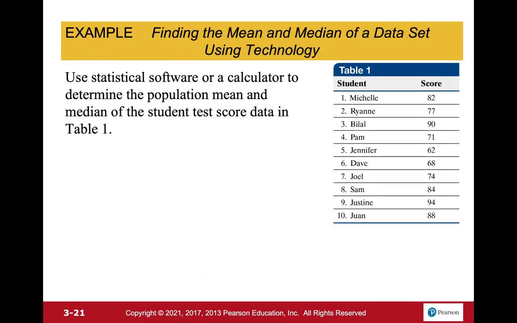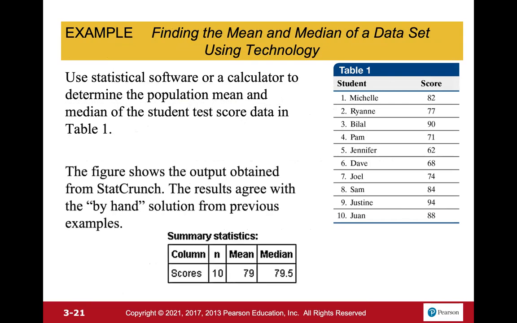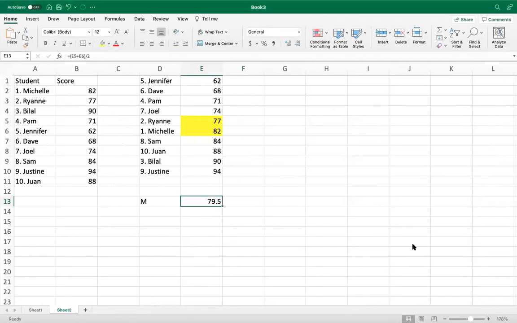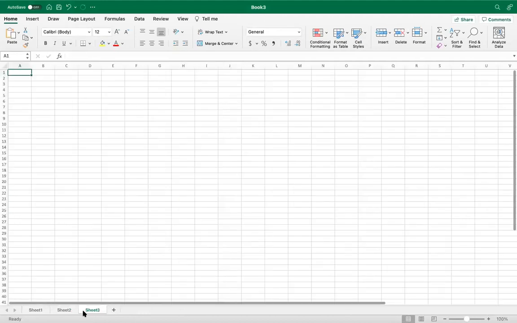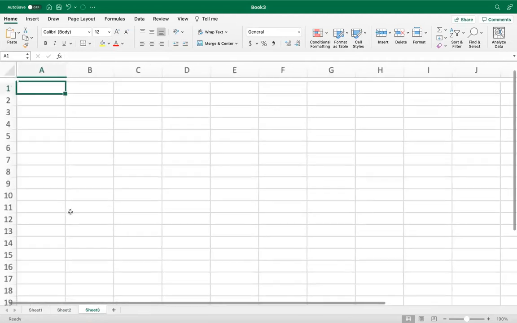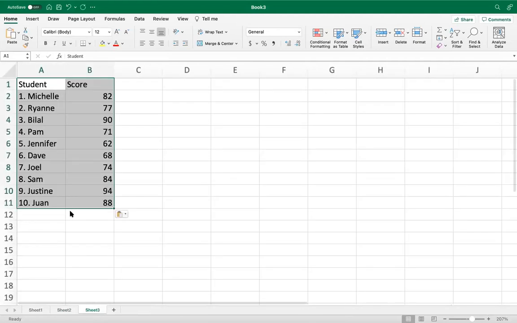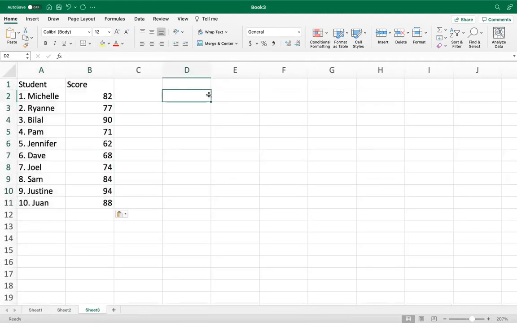All right, so use statistical software or a calculator to determine the population mean and median of the test scores. So here's where we're going to take this data and we are going to just input the data and see what pops out the other side. So we have our original data set here.